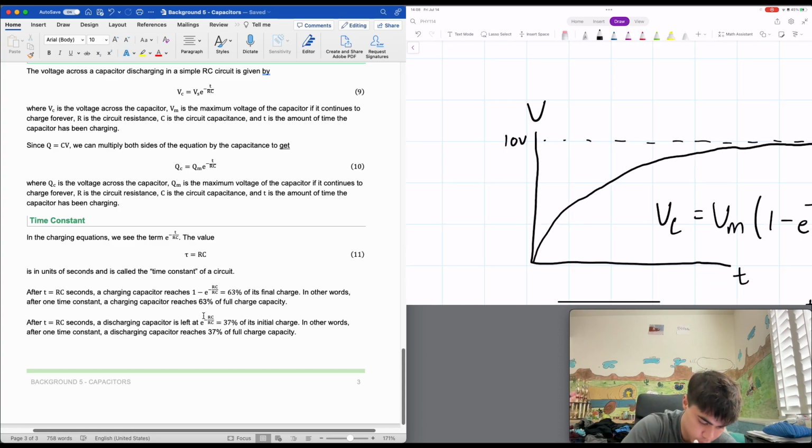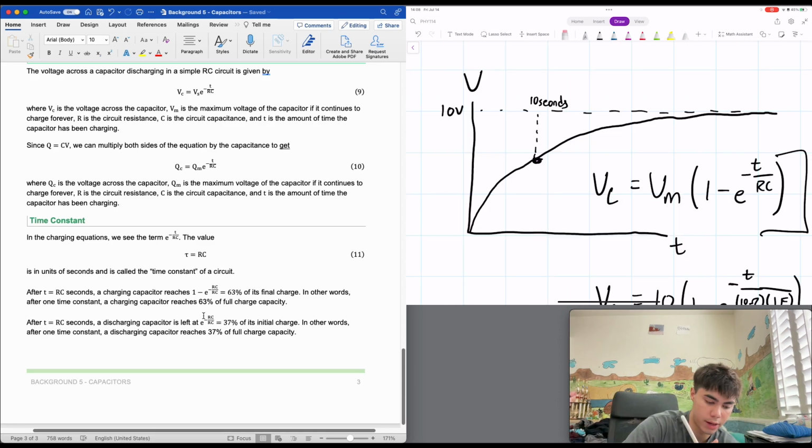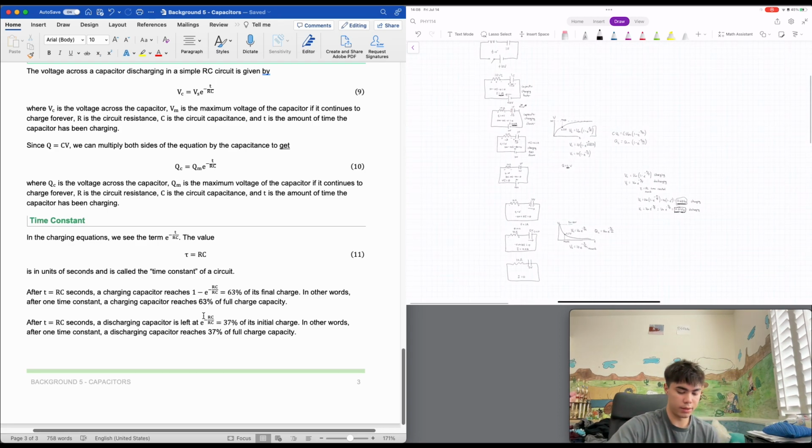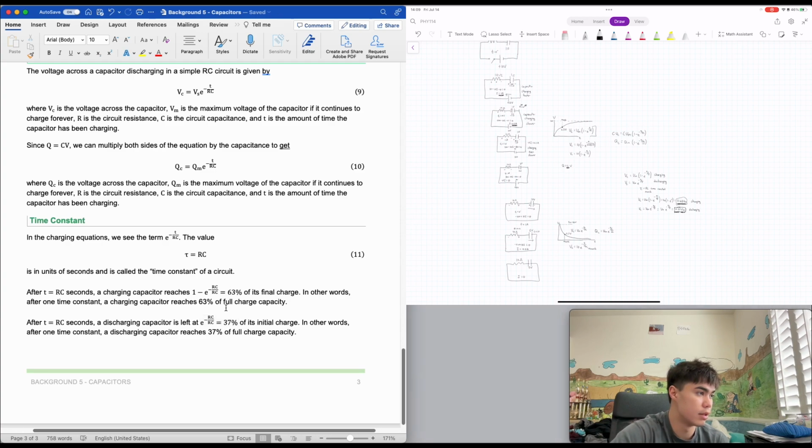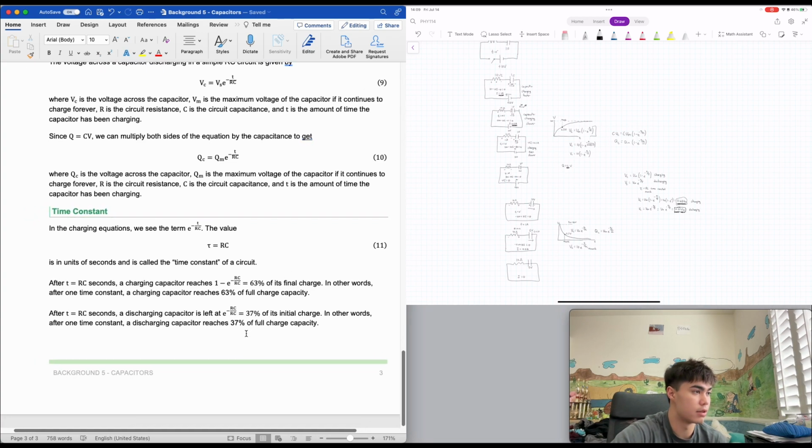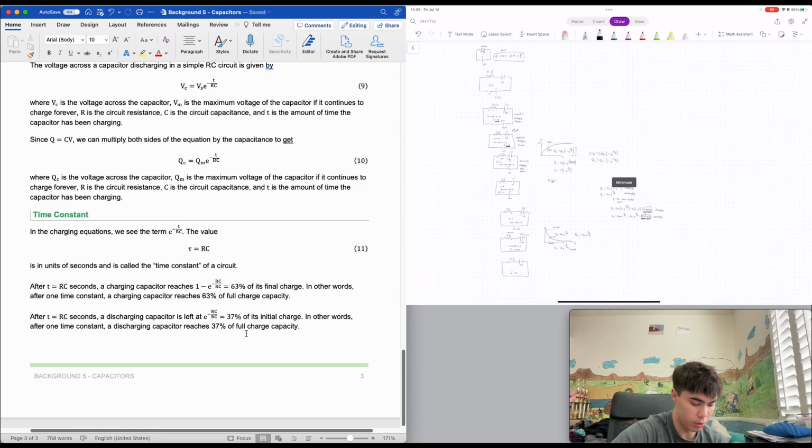And for this one right here, at 10 seconds, we're at 6.3 volts across the capacitor. So it's important to know those values, the 0.63 and the 0.37, or 63% and 37%, after one time constant.